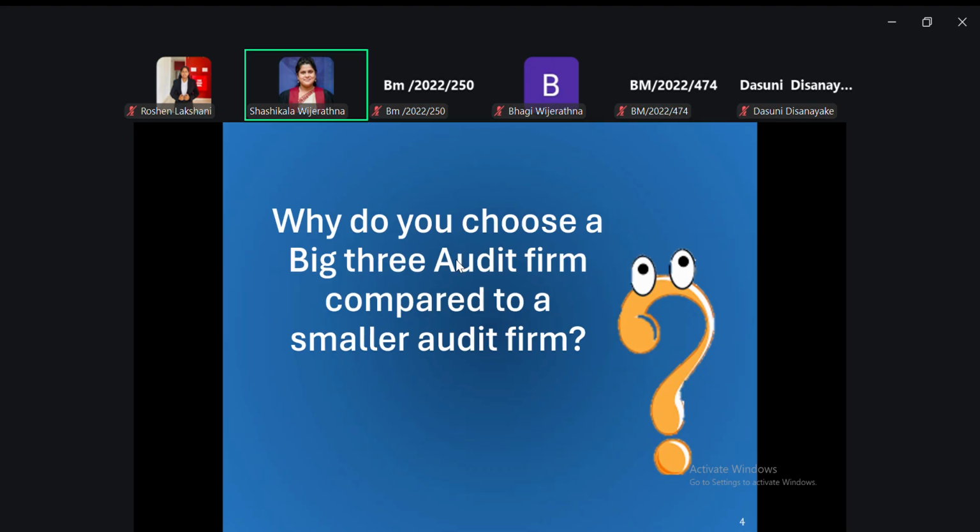We previously had the Big Four, now we have the Big Three operating in Sri Lanka. Why do larger scale audit clients not select the smaller scale audit firms?